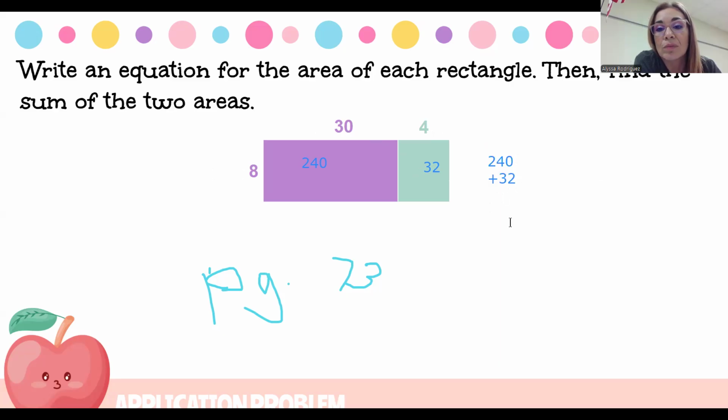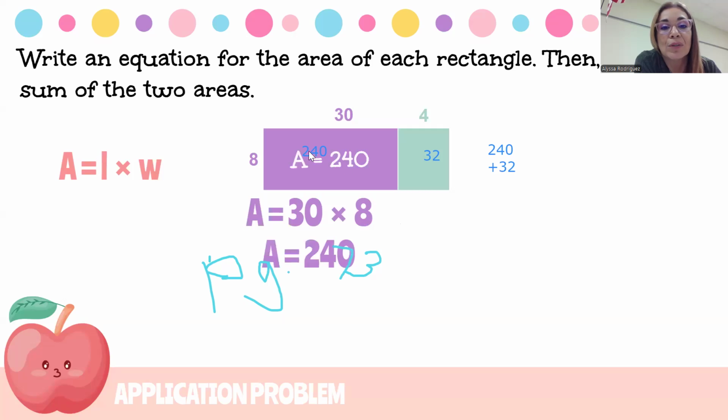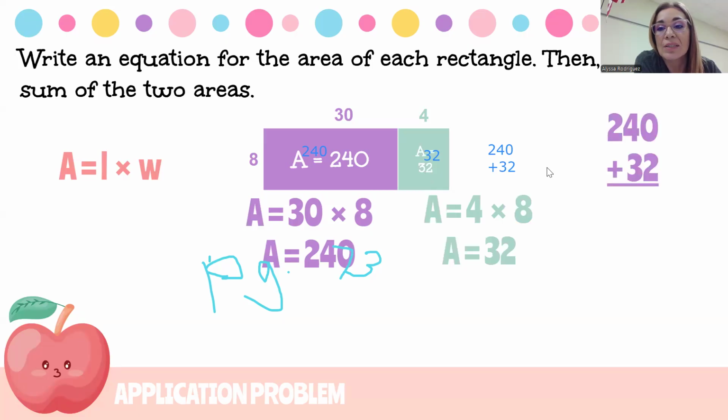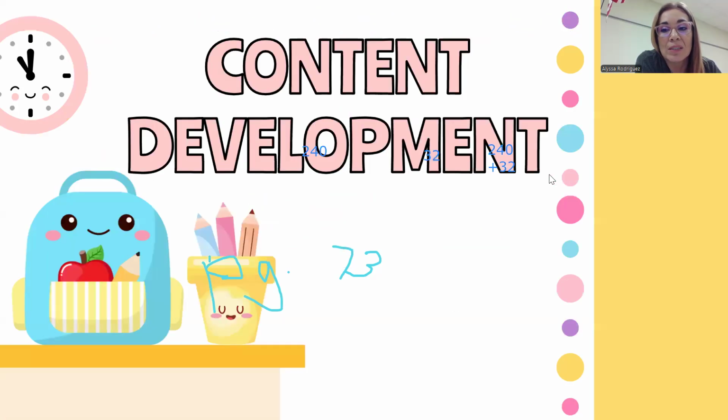So we do the math. And we already know that length times width is what we just did here. There's our 240, just like I wrote. Do it over here. There's my answer again. Add it together, just like I did, and it's going to give us that answer. That is how you do that. Both areas together are going to be that.